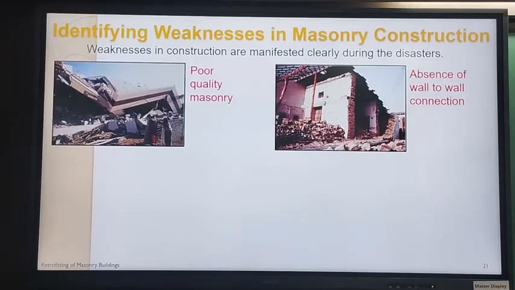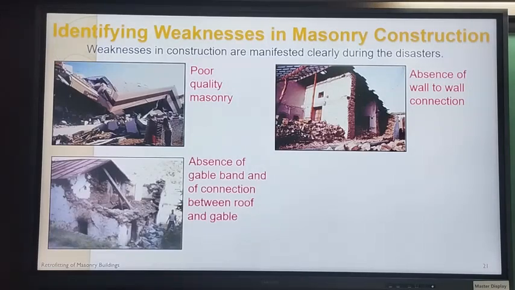Basically, absence of wall-to-wall connection. And when you see a few of these houses, it tells you that masons here don't know how to connect wall to wall. And you can expect that this kind of weakness will be there in the majority of houses. This indicates that there is an absence of a gable band and of connection between the roof and the gable wall, because there was a gable wall right in this position.